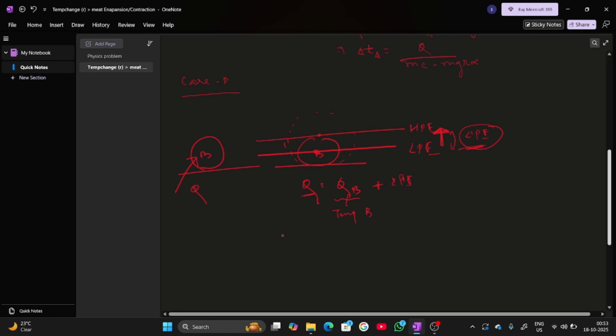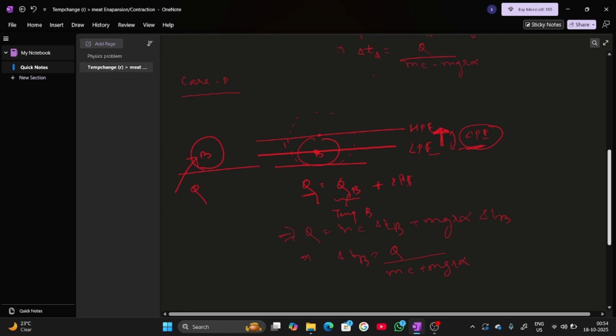So here we can say Q equals mc delta T_B plus, again, mg R alpha delta T_B, the same dimensions in the same component. You can say delta T_B is basically Q divided by (mc plus mg R alpha).